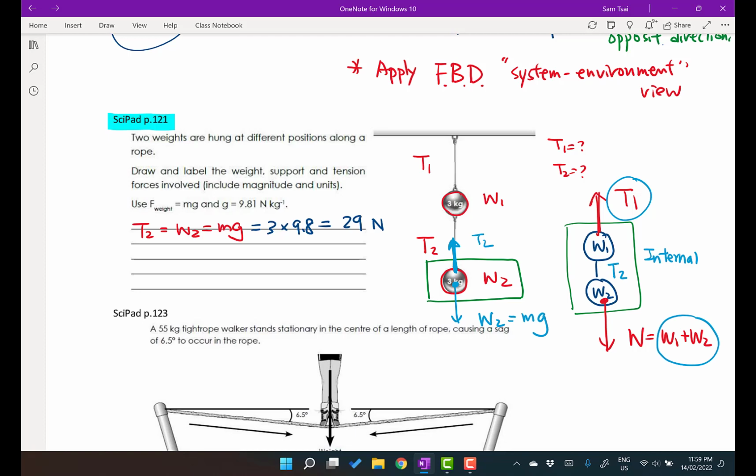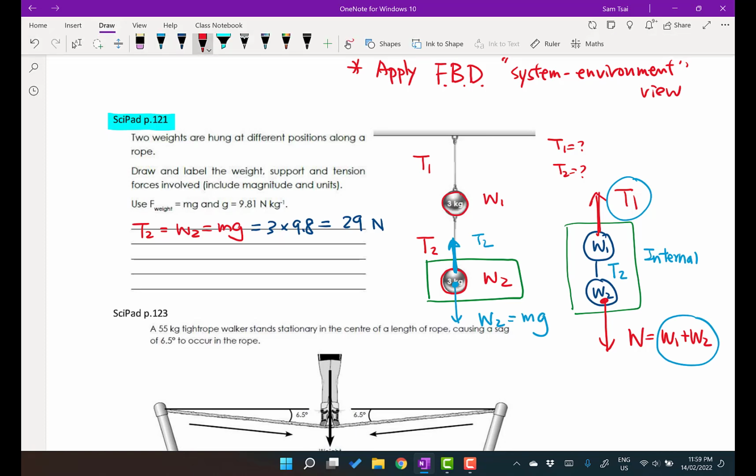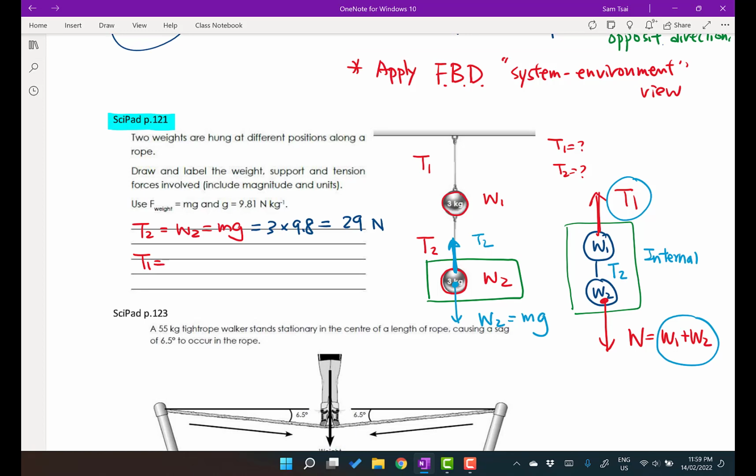Because the system is not moving upward or downward, T1 will equal W1 plus W2, which is 3 kg times 9.8, so it's 29.4 Newton, times 2 will be 58.8 Newton. As you can see, the tensions T1 and T2 are different.